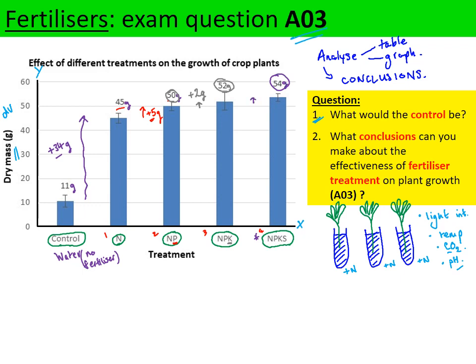So again, that gives us a plus 2 gram increase in dry mass just through the addition of sulfur, because we're comparing column number 3, N, P, and K, with column number 4, N, P, and K plus sulfur. Now, what we want to do in the exam answer is to express these as percentage increase.